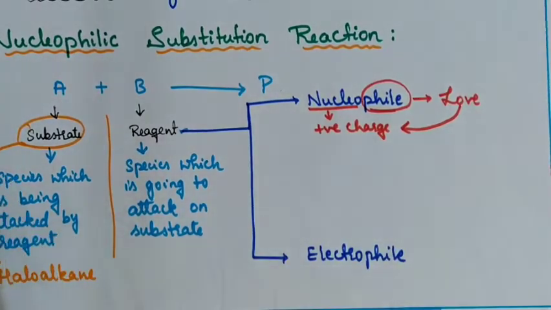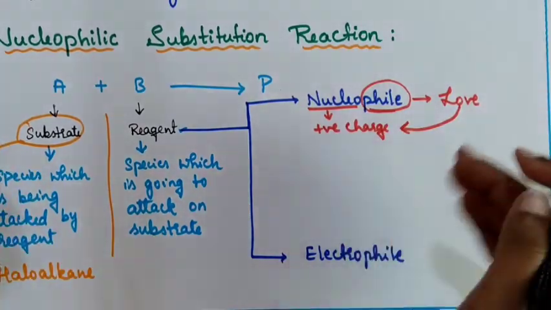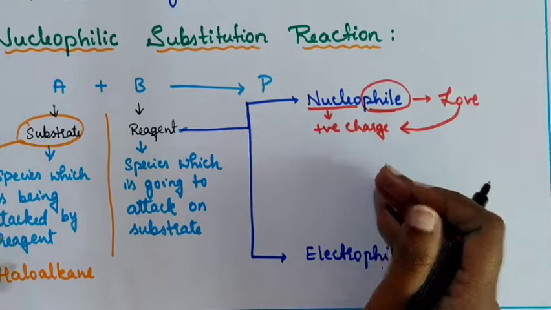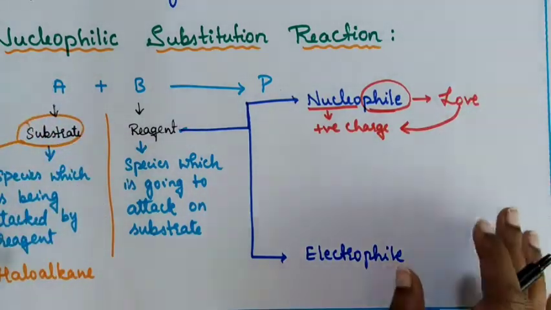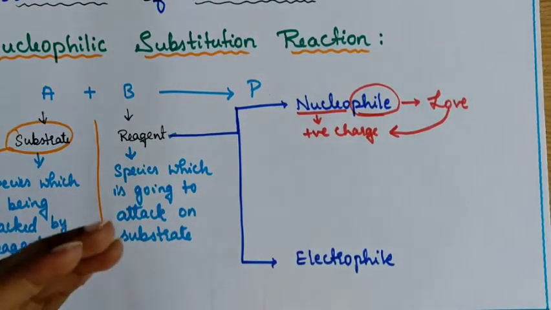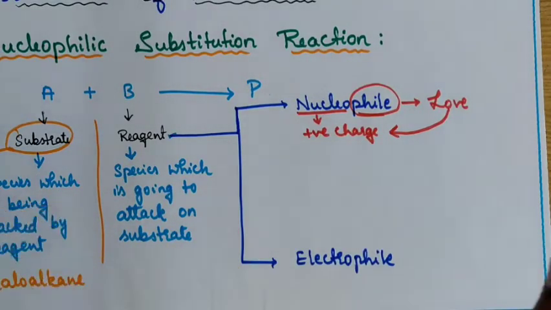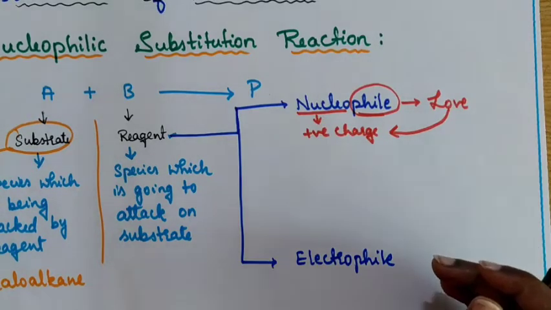What do you mean by love towards positive charge? In the sense that particular species is going to get attracted towards positive charge. If the species is going to get attracted towards positive charge, then the species must be negatively charged. Correct? That means it must be electron rich species.